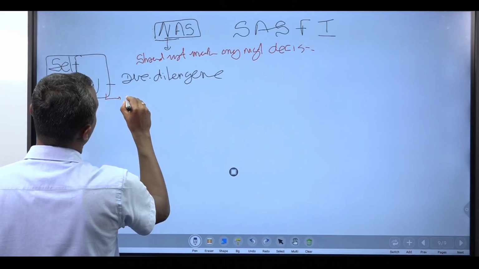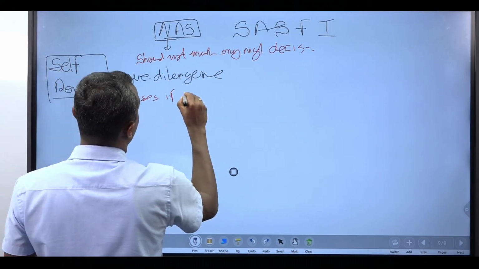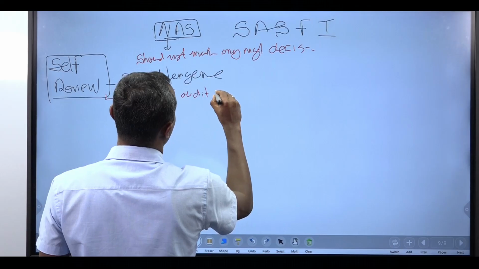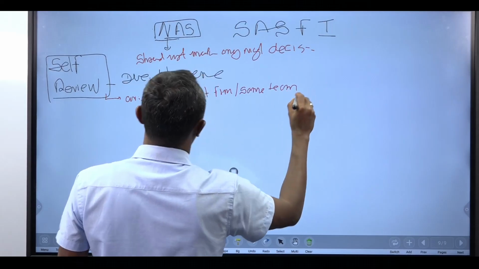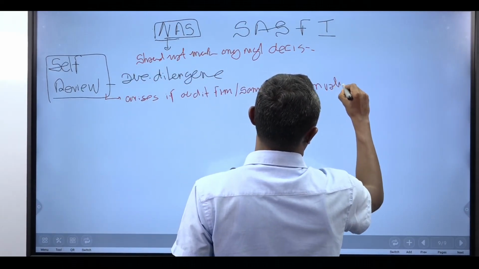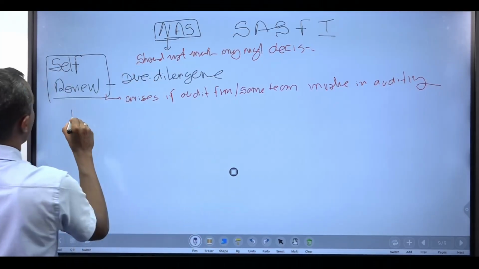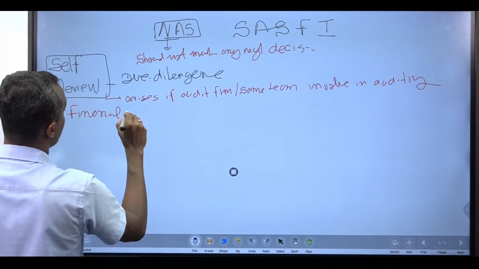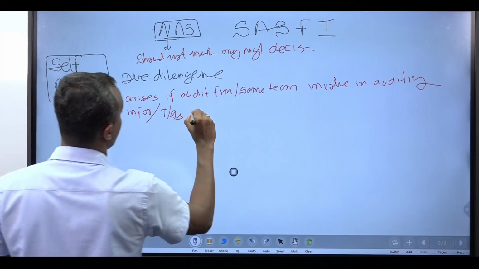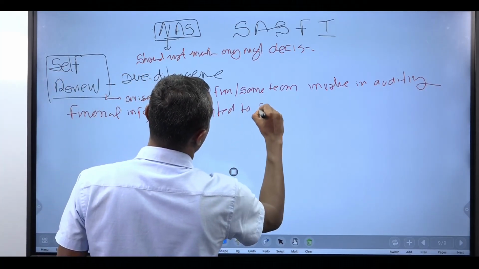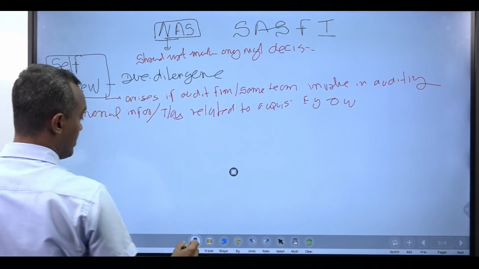So there we can say self-review arises if the audit firm or the same team is involved in auditing financial information of the acquired company, when you audit the parent group audit, financial information or transactions related to the acquisition. Example, goodwill.